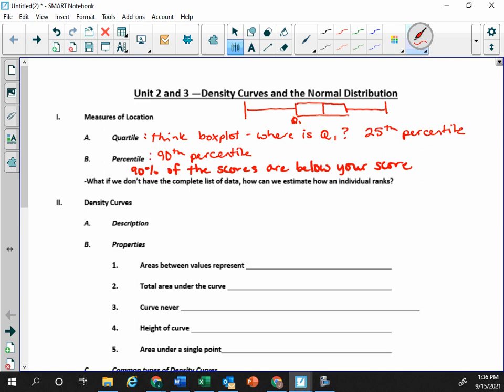So density curves. These are for continuous random variables.